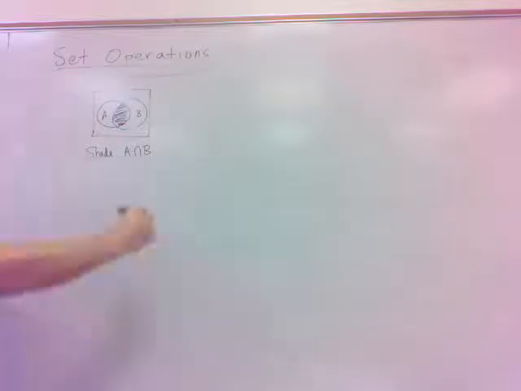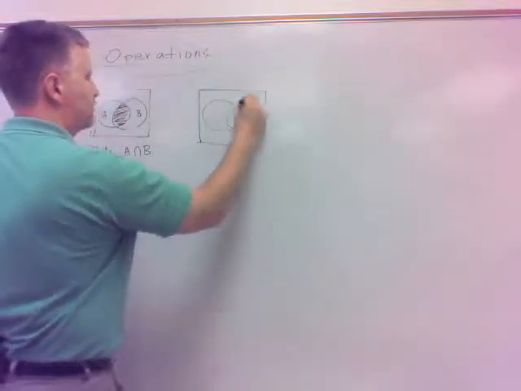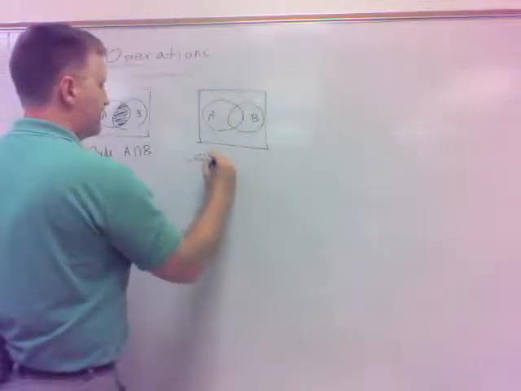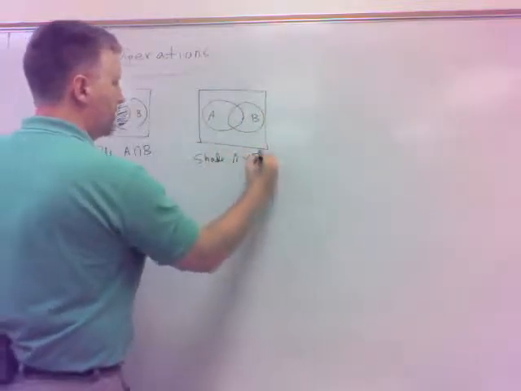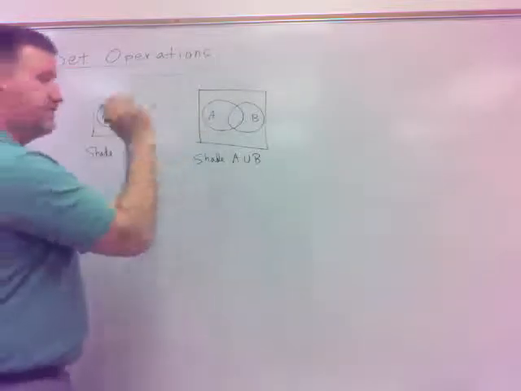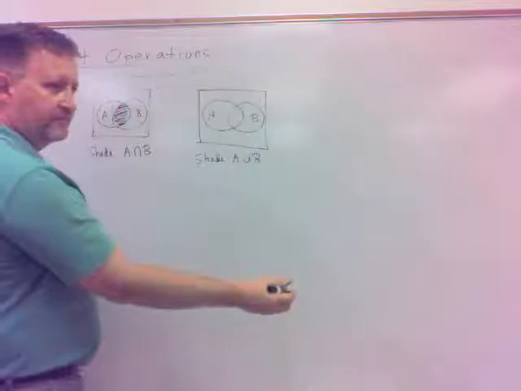If I told you to shade A union B, well, let me do this with you. One way we can look at this Venn diagram is to think of it as puzzle pieces. If I cut this up into puzzle pieces, there would be 4 pieces. I'd have the outside part, call it part 1.